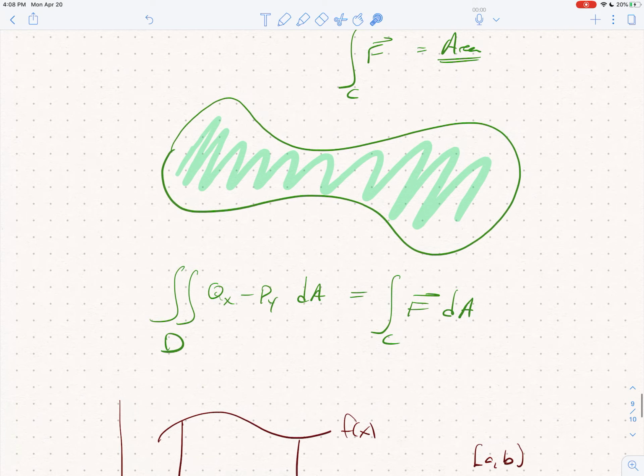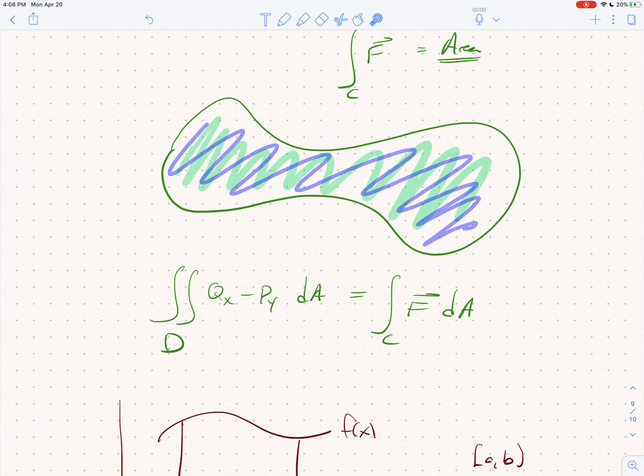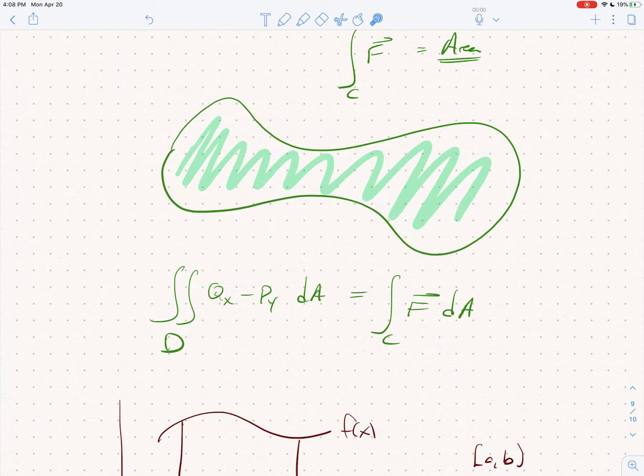And that's very similar to what we're doing here. We're taking a double integral over this whole region, and we're able to express it as a different integral over just the boundary. And that idea of going from a larger object to its boundary, we're going to see two more times in two different theorems. So I wanted to try to make that connection clear to you. That's the fundamental theorem of calculus showing up again in some sense.